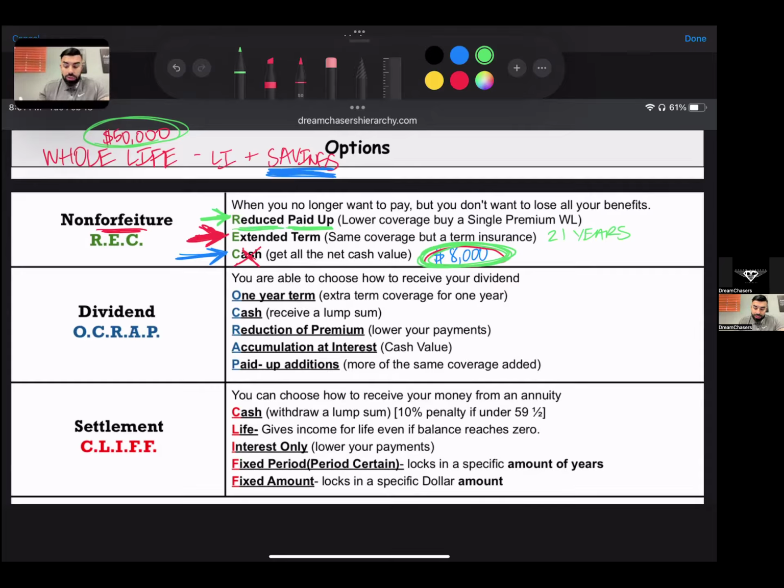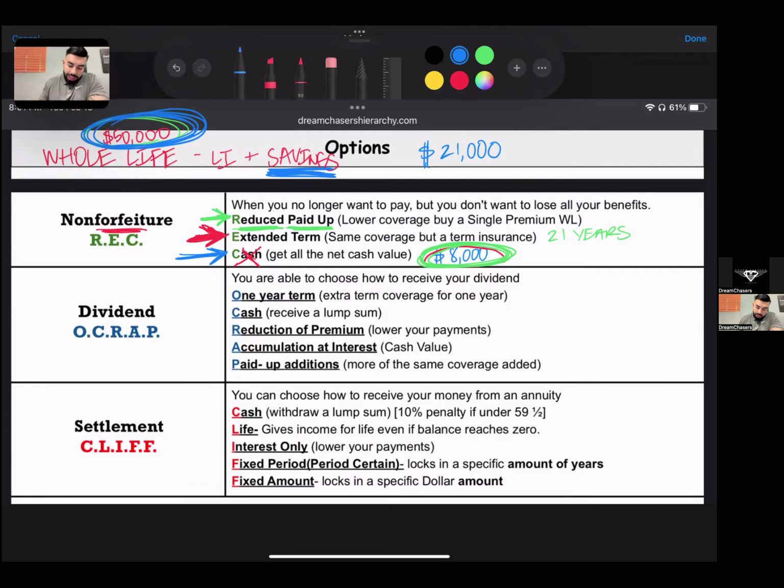What is reduced exactly is the coverage. So the coverage is not going to be $50,000 anymore. Now let's say it's going to give you $21,000 of whole life insurance coverage, but you don't have to keep paying for it because it's completely paid up. Okay. So those are the three non-forfeiture options.